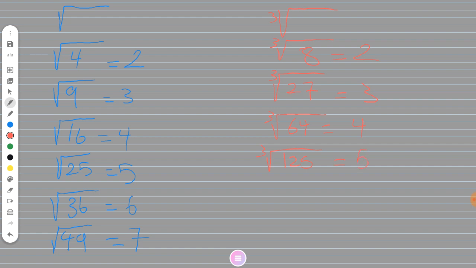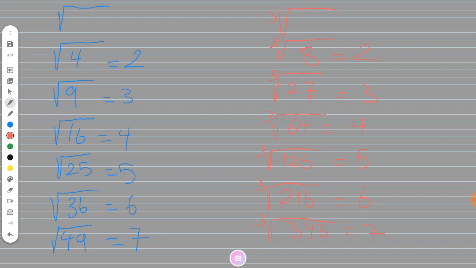Why? 125 is a product of 5 times 5 times 5, which is 5 to the power 3. So it's a perfect cube root. Cube root of 216 equals 6. Cube root of 343 equals 7.